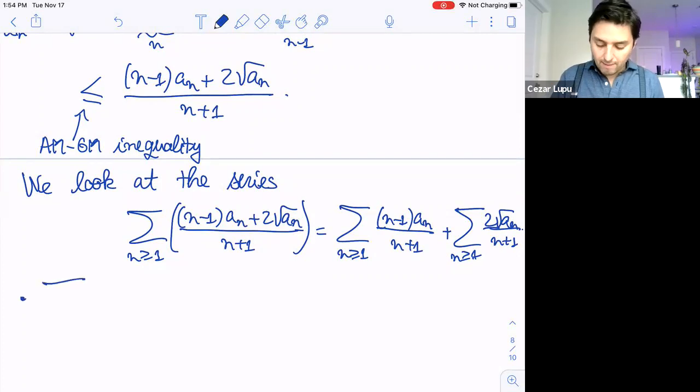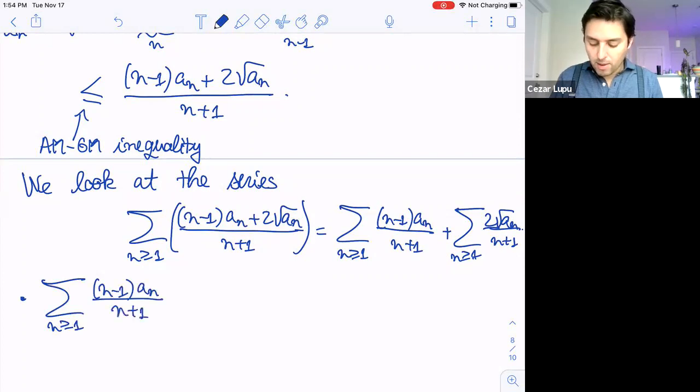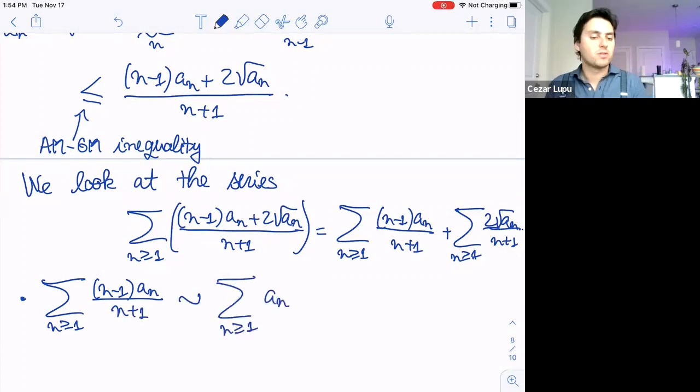The first series, (n minus 1) times a_n over n plus 1, will behave asymptotically as the series of a_n, because the limit as n approaches infinity of (n minus 1) over (n plus 1) is 1, and this converges.